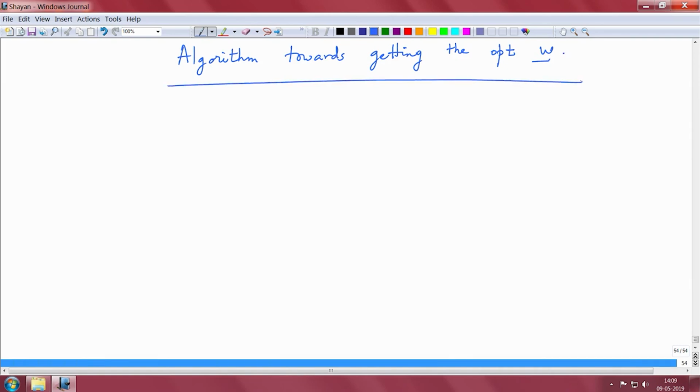We have not said what is optimal. I mean, the optimality here is if we solve the problem of linear separability, then we say we have a solution, right? So instead of optimality, maybe I think the right word is towards getting a solution to W.